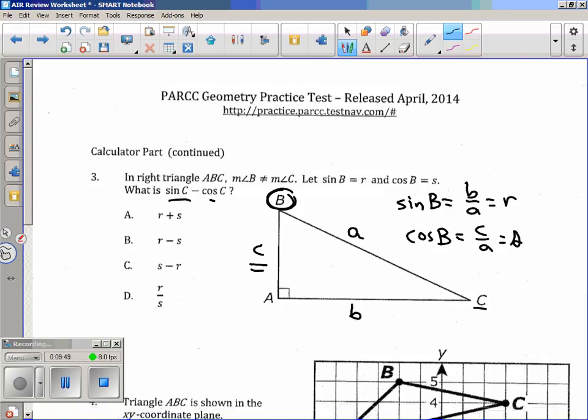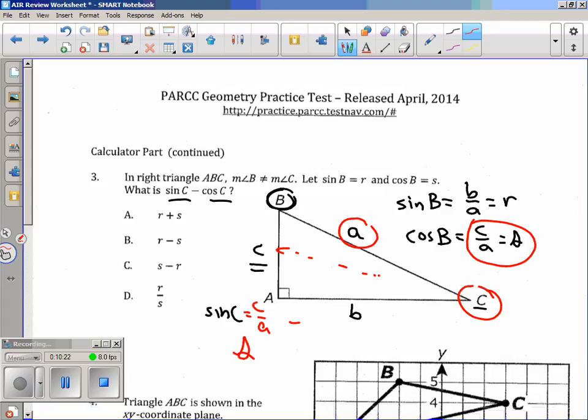Now they want sine C minus cosine C. So the sine of C, this time C is my angle of reference, so here's C. The opposite would be little c over the hypotenuse, which would be A. So the sine of C is C over A. But over here, we already know that C over A is equal to S. So the sine of C is going to be S, minus the cosine of C. The cosine of C is adjacent, which is B, over the hypotenuse, which is A. B over A is the R value.